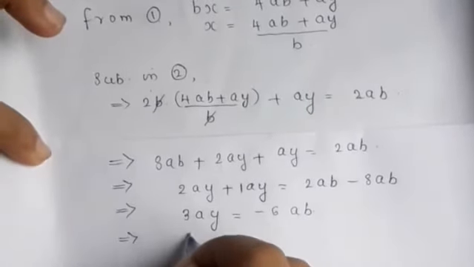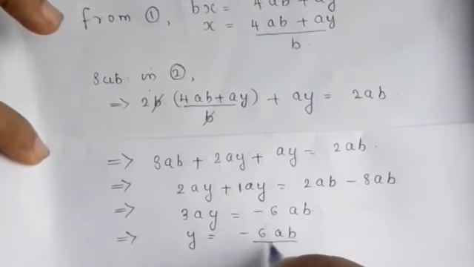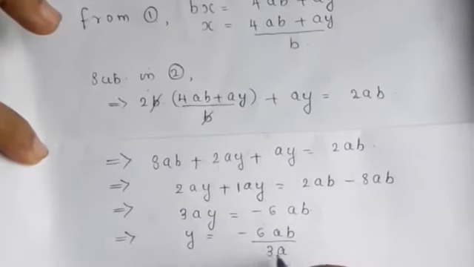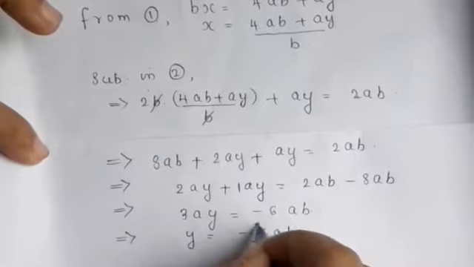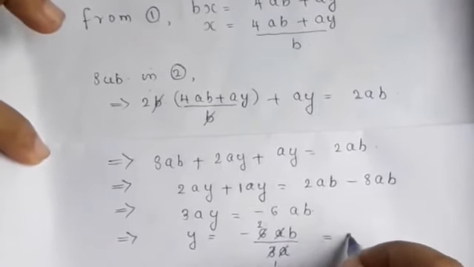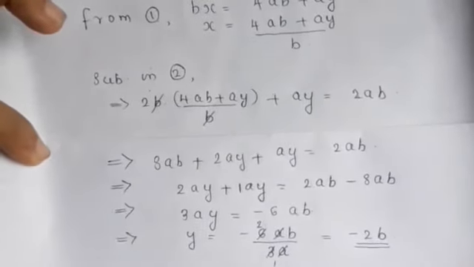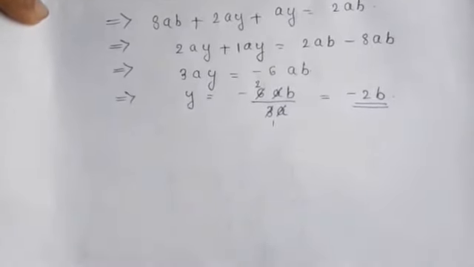So y is equal to minus 6ab divided by 3a. 3 you can cancel, this is 2. a cancels. So what is the value of y? y is equal to minus 2b.